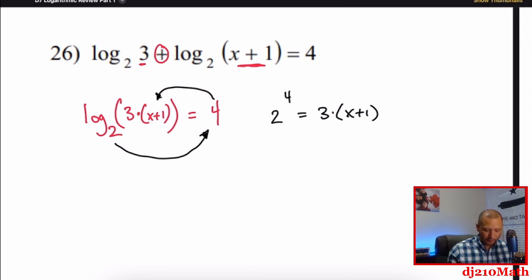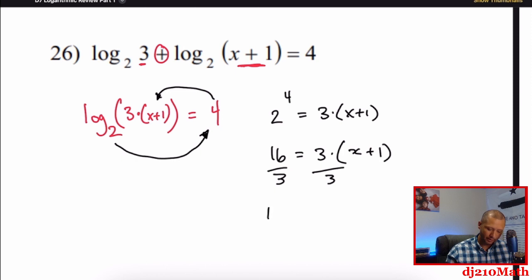So here I guess we could simplify 2 to the 4th power. 2 times 2 is 4, times 2 is 8, times 2 is 16. So 16 is equal to 3 times x plus 1. Divide both sides by 3. So 16 thirds is equal to x plus 1, minus 1 on both sides.